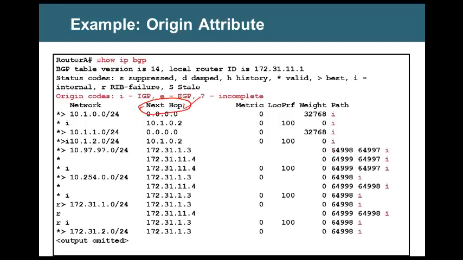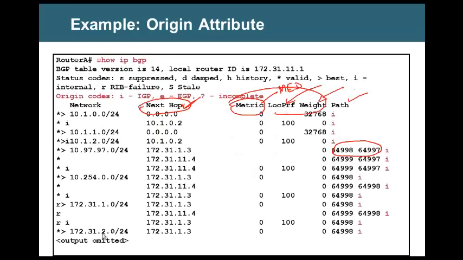AS path is again another well-known mandatory attribute. And MED is nothing but metric. It is MED, multi-exit discriminator. Local preference. Weight. AS path we have already seen, we have seen next hop, but we have not seen these things we are going to see now.